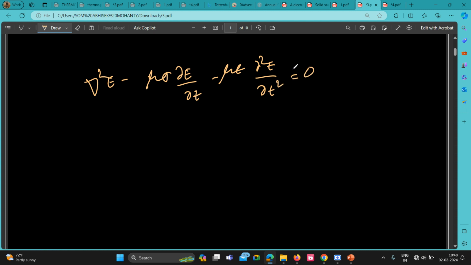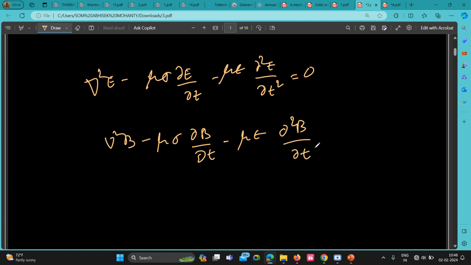So del square E minus mu sigma del E by del t minus mu epsilon del square E by del t square is equal to 0. Remember this one. Del square V minus mu sigma del V by del t minus mu epsilon del square V by del t square is equal to 0.